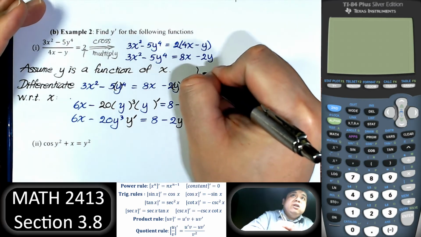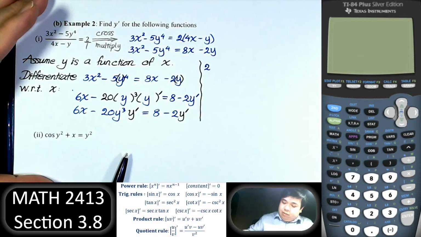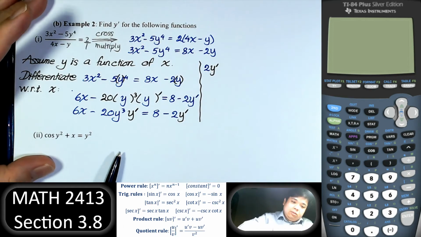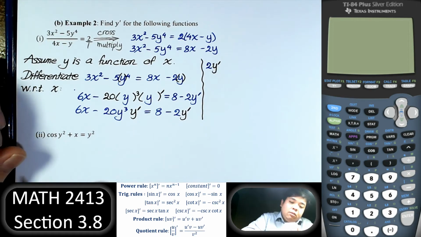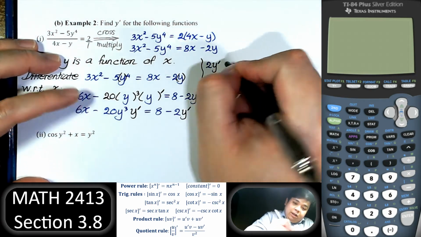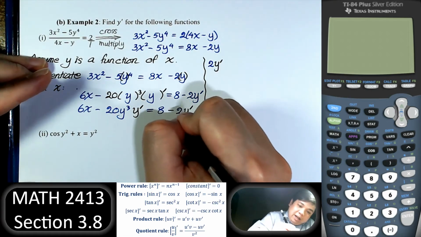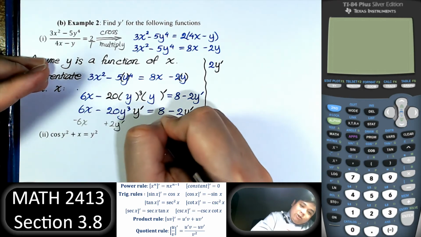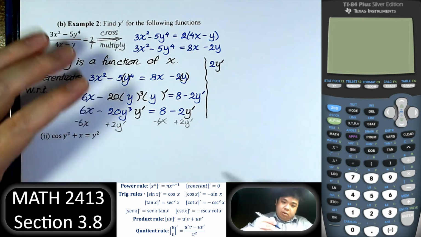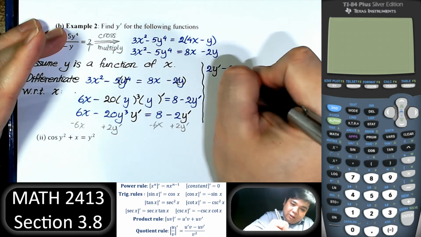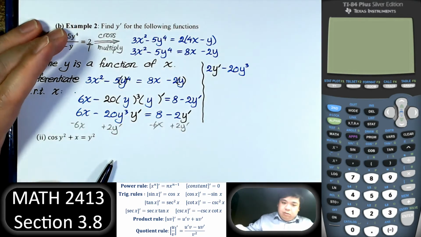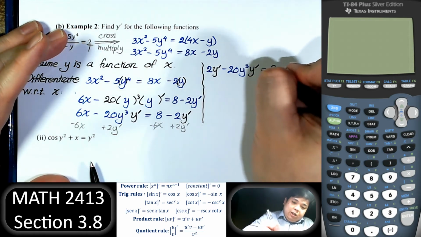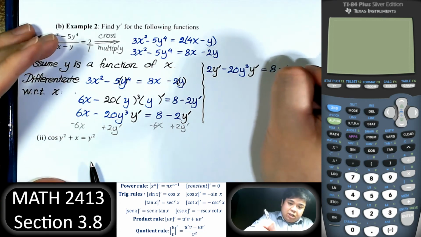Make it positive. So let's just say add 2y prime to that side and subtract 6x to the other side. That equals 8 minus 6x.